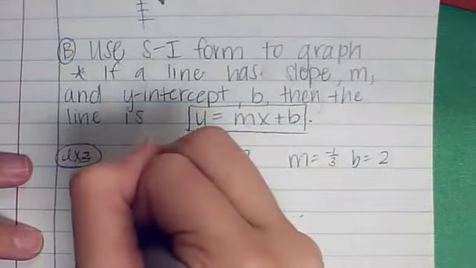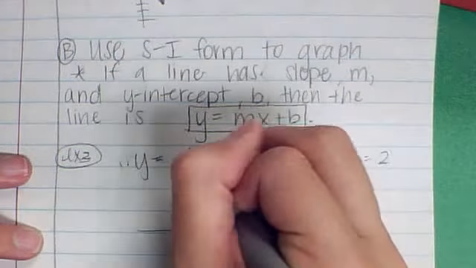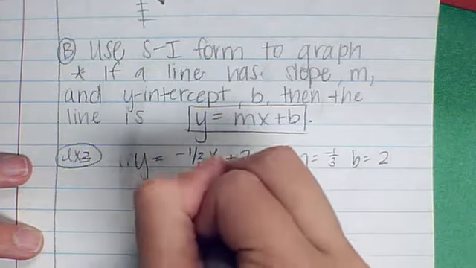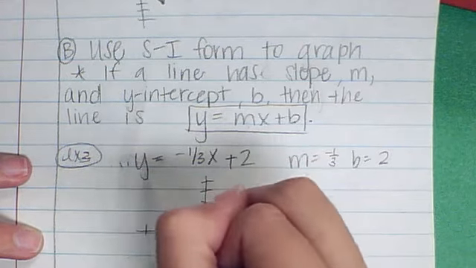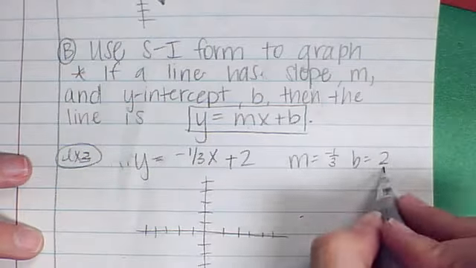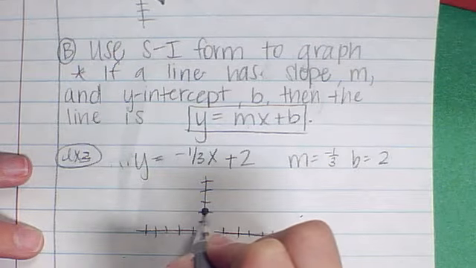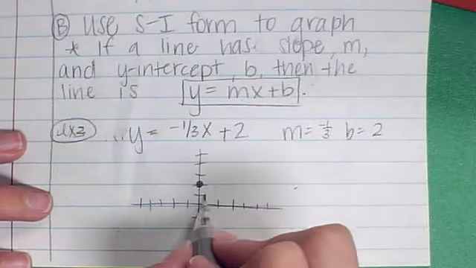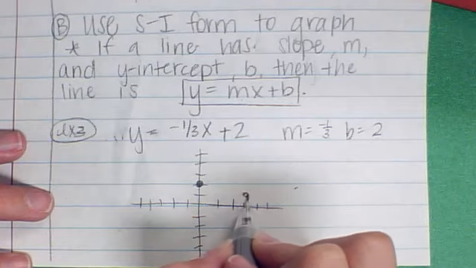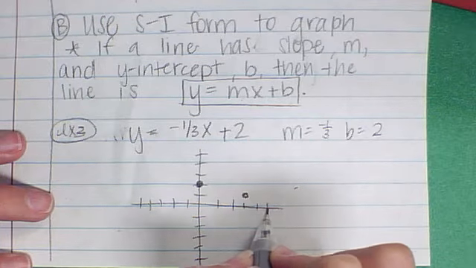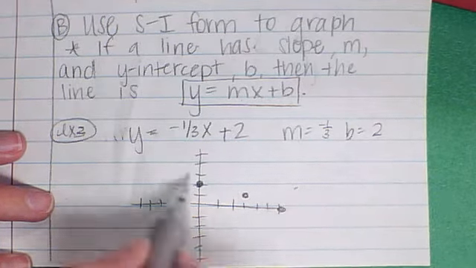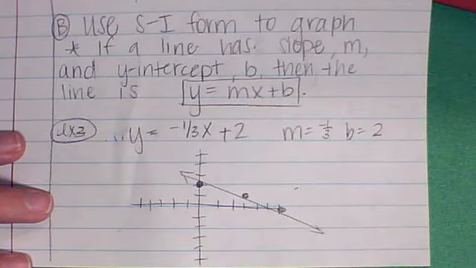And now I have all the pieces I've had every other time I've graphed, so I'm going to go ahead and do that. I start with my b, which is my y-intercept, and that's at 2, so I graph that. And then from there I use my slope and I go down 1 and over 1, 2, 3. And then I do it again, down 1 and over 1, 2, 3. And then I connect my line.